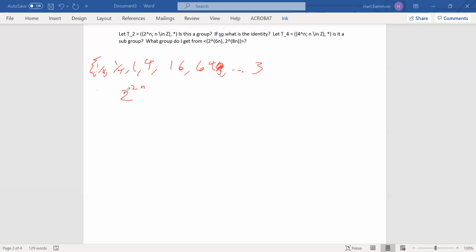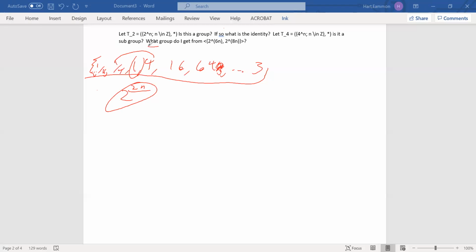So T4 is just the subgroup of them such that it is an even power of 2. Cool. Obviously, it still has the inverses paired up. It still has the identity. It's still closed.